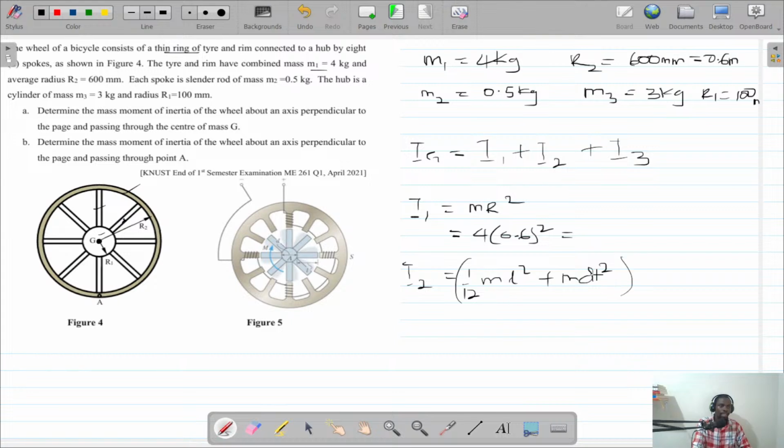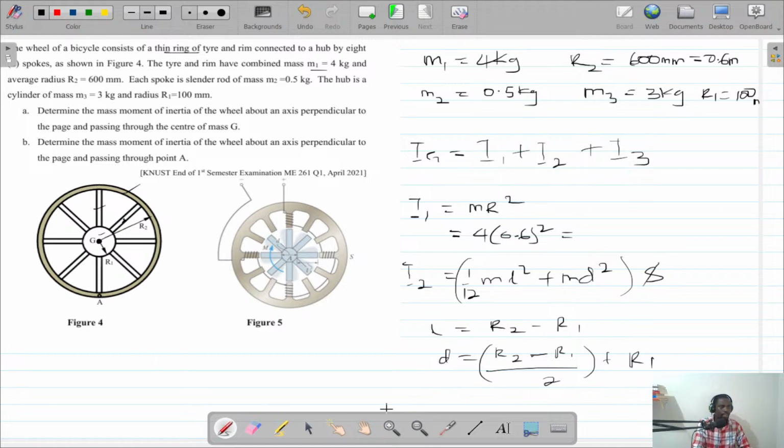This will be for a single spoke, then we multiply by 8. Now L is equal to R2 minus R1, and D is equal to R2 minus R1 all over 2 plus R1.